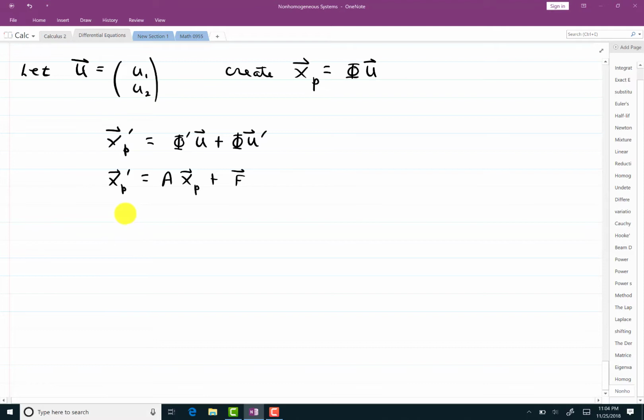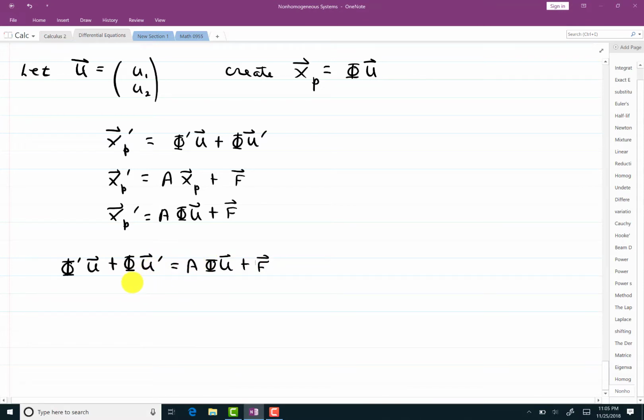Let me do one thing more here. xp prime. Well, let me replace this xp with phi u. A phi u plus f. Now I have xp equal to this down here, and I have xp equal to this up here. So we have phi prime u plus phi u prime equals A phi u plus f.